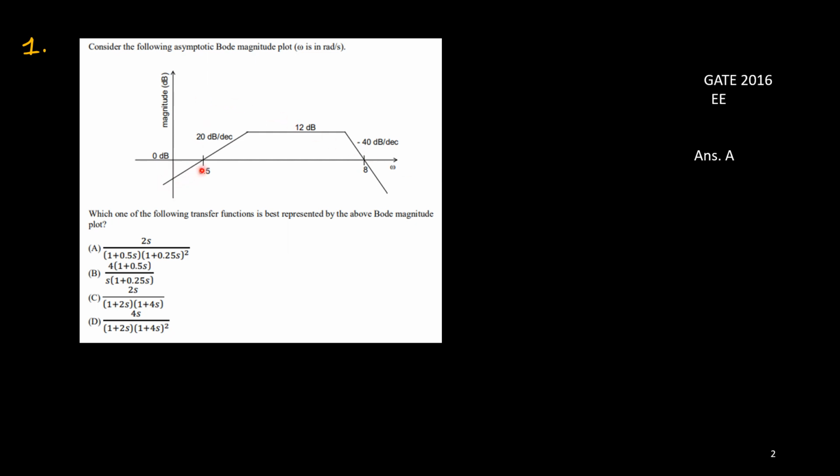Here in this figure, the magnitude plot of a transfer function is given, and the shape is like this: one increasing slope. Here it is crossing 0 dB at 0.5 and the slope is 20 dB per decade, and here it is flat at 12 dB, and then it is decreasing with the rate of minus 40 dB per decade, and again it is crossing 0 dB at omega equal to 8.